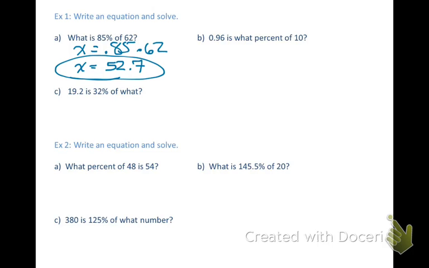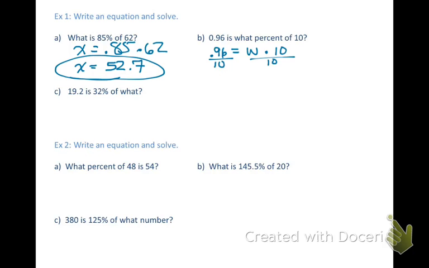So let's look at B. It says 0.96 is, that's the equal sign, what percent? W times 10. And then you divide by 10, 9.6.